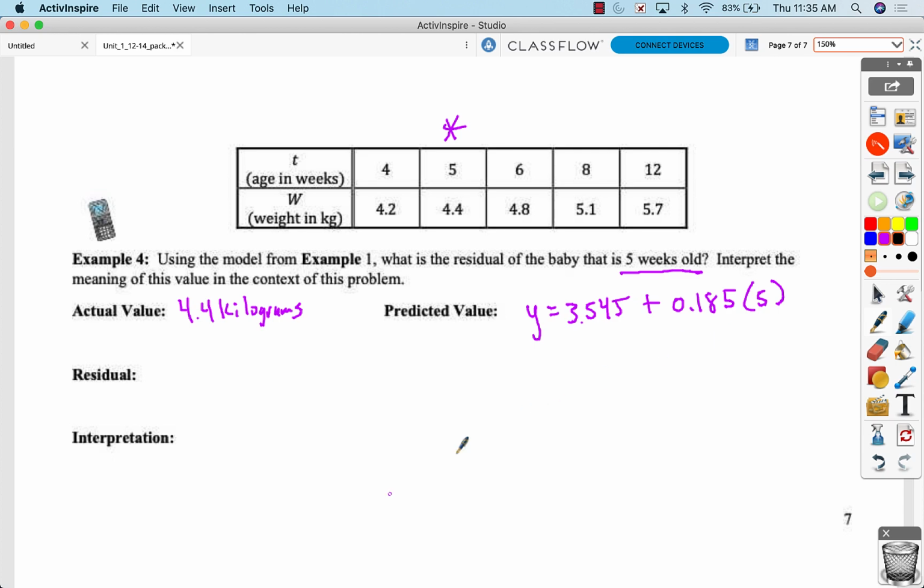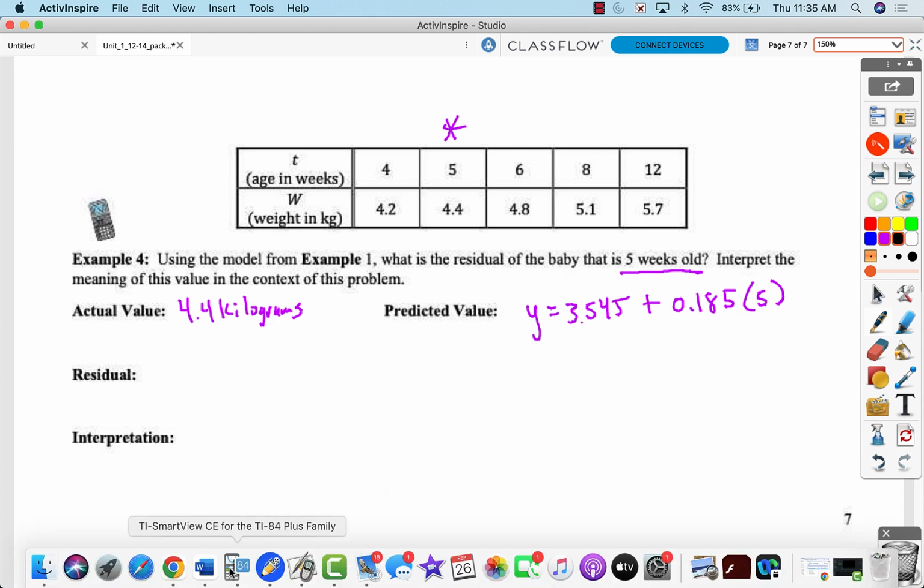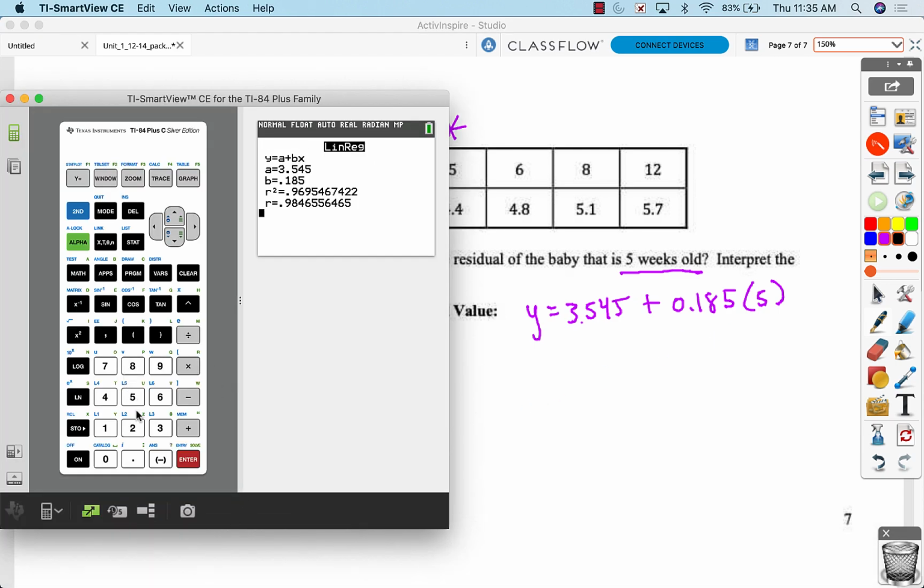Okay, so we might have done this one earlier, but I can't recall the number. So 3.545 plus 0.185 times 5. Now this is not the actual baby's weight. This is the predicted weight. This is what the model is predicting based off the data.